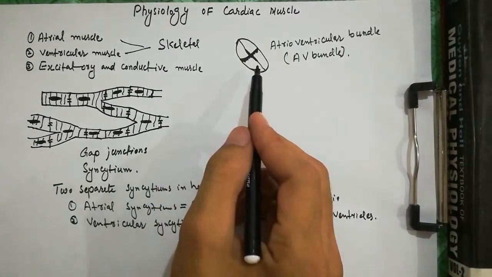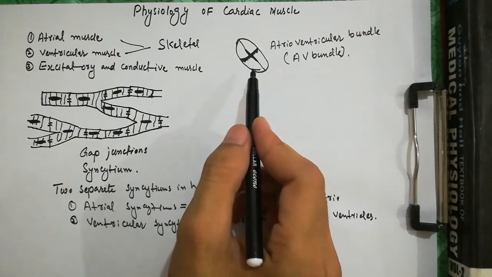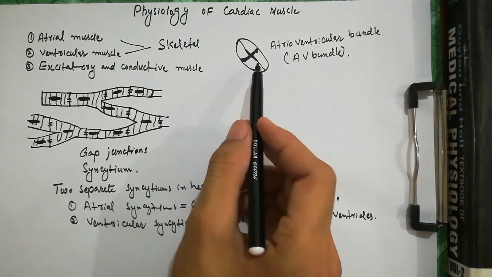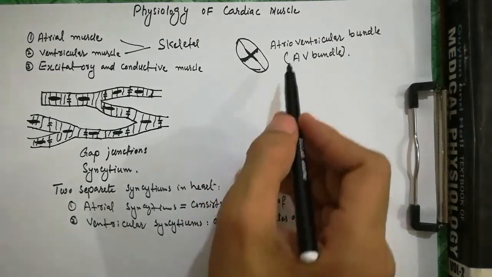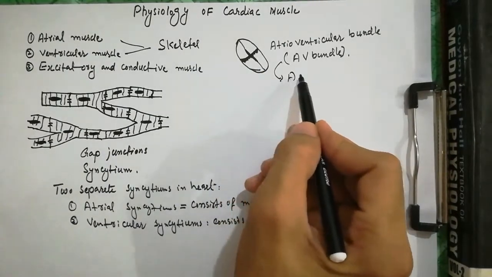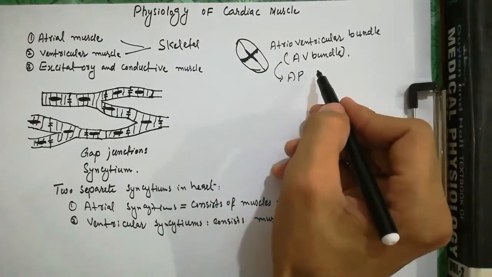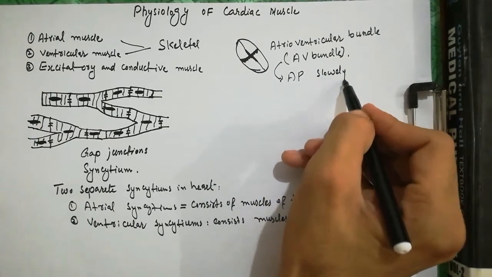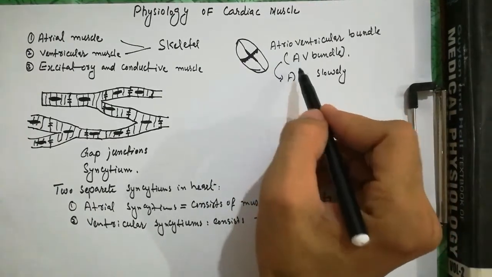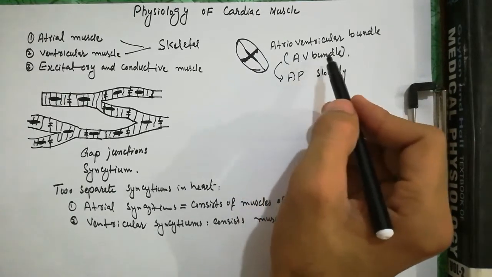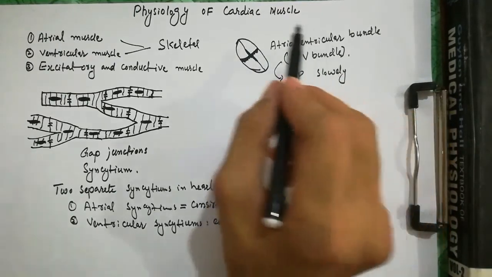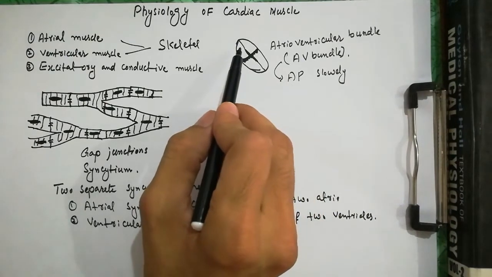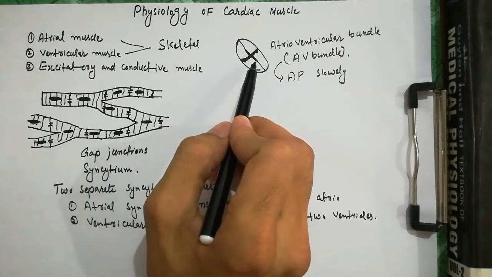Relatively, action potential travels slowly, with less speed, through this AV bundle so that atrial contraction occurs before ventricular contraction.